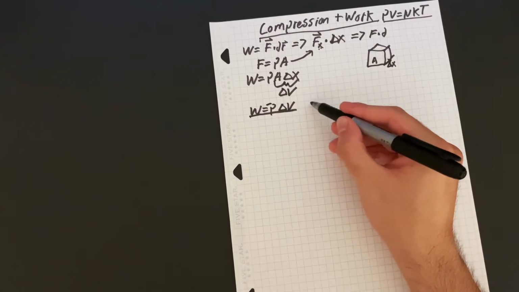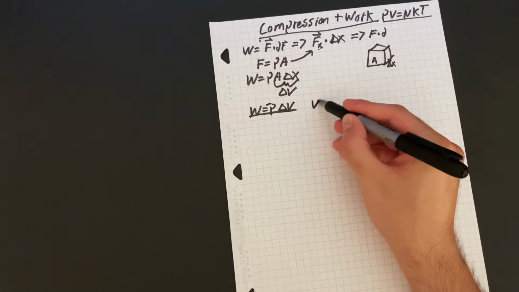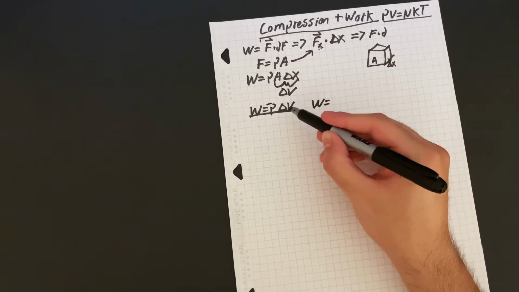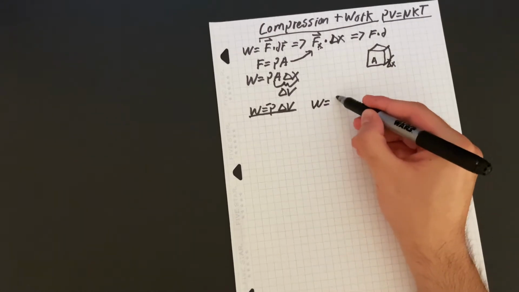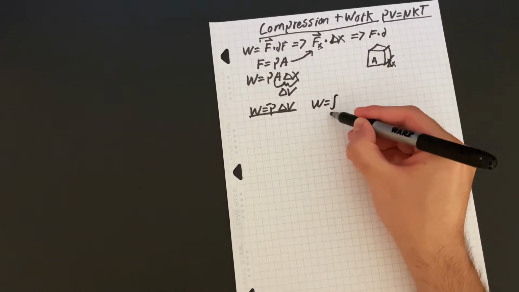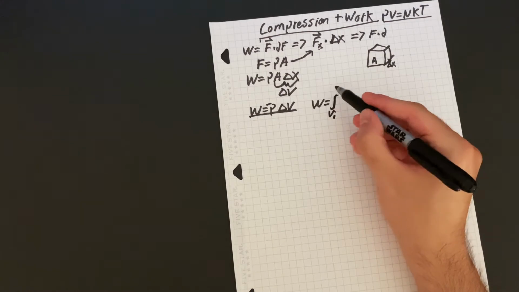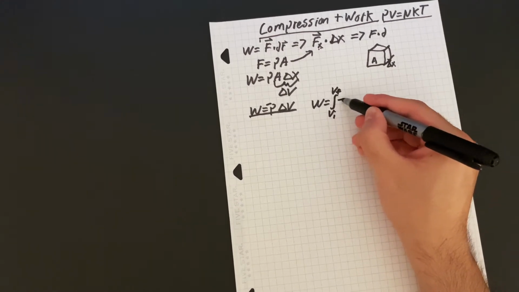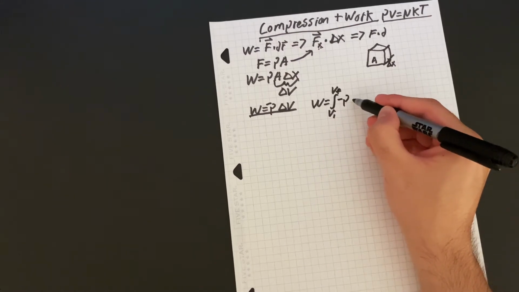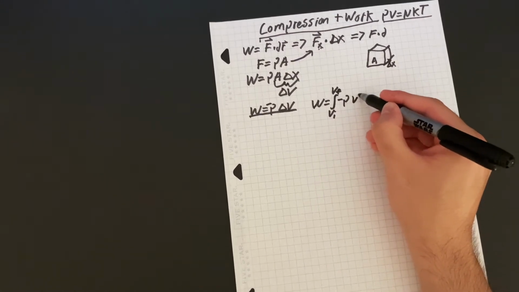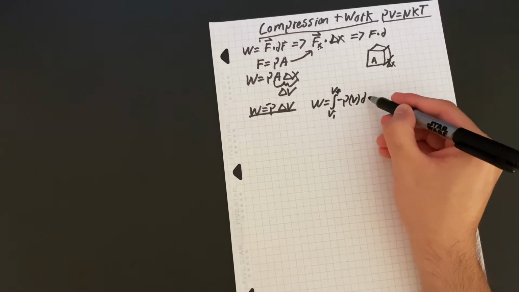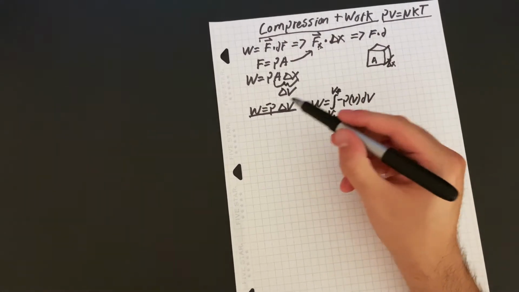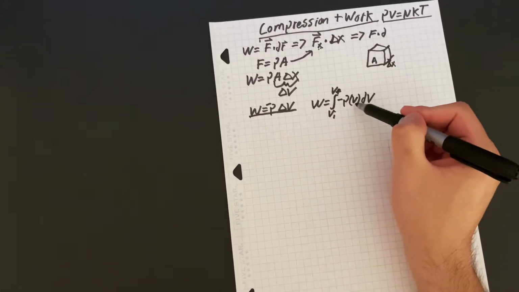So again, let's take this one step farther and say work equals, when you see a delta x, what we can do is just integrate. Integrate from V initial to V final of negative P of V dV. So this delta V turns to a dV, and we write pressure as a function of volume.